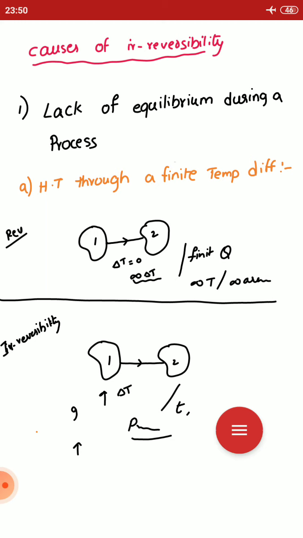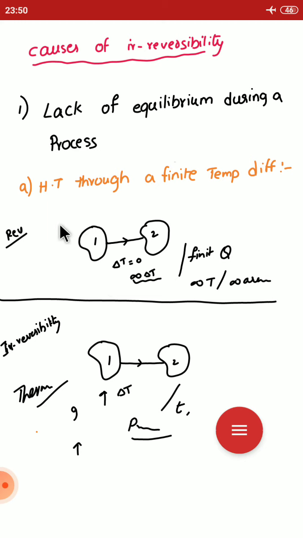Next, this is one of the reasons why irreversibility is caused. Here the lack of equilibrium is the temperature difference. The temperature is not uniform, so under the condition of lack of thermal equilibrium, irreversibility occurs.